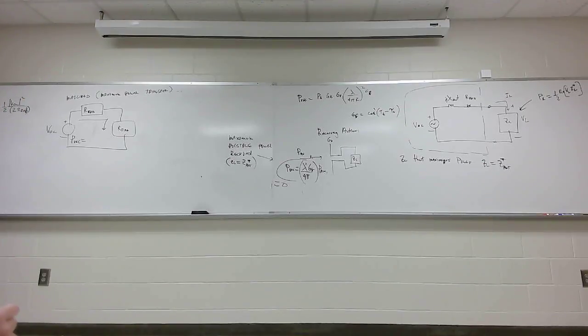We're after V open circuit. So you can see that V open circuit, and this is how you do these problems, is equal to, please write this down, the square root of 4 times R rad, the radiation resistance of the antenna, times the power received. And again, this is a theoretical thing.